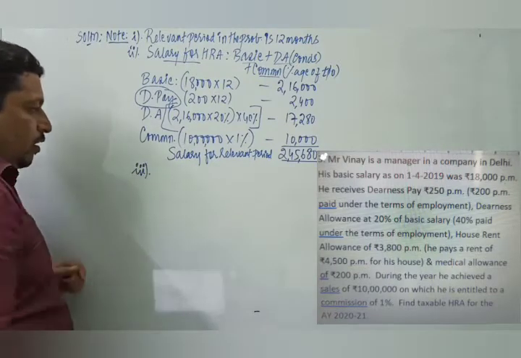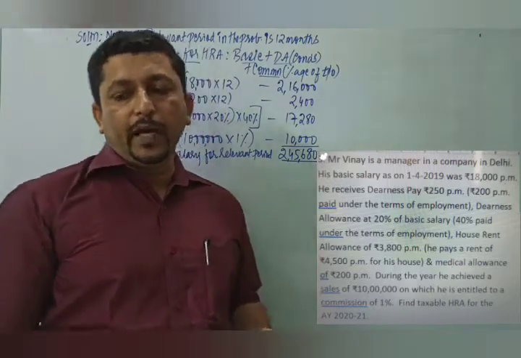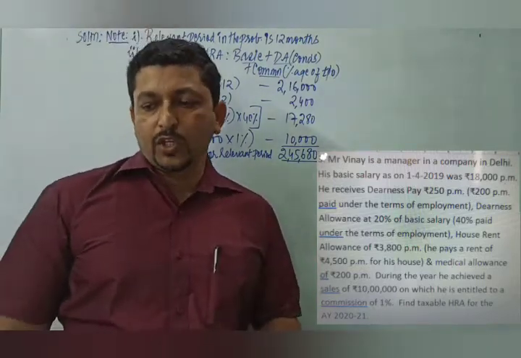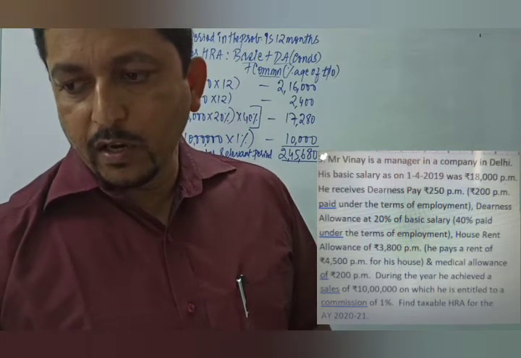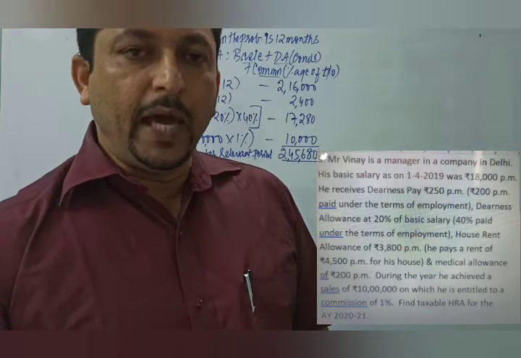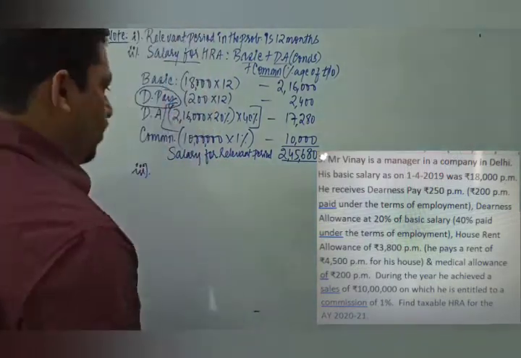Let's move to the third thing, because we need to take into account the excess of rent paid over 10% of salary. All these calculations are very much needed, and it is given that Mr. Vinay was a manager in a company in Delhi. So we are going to take 50% of salary for our calculation.